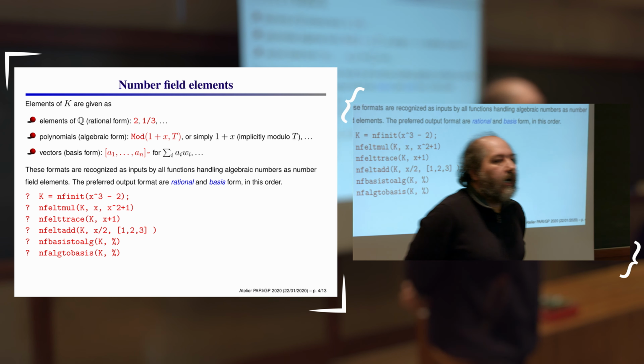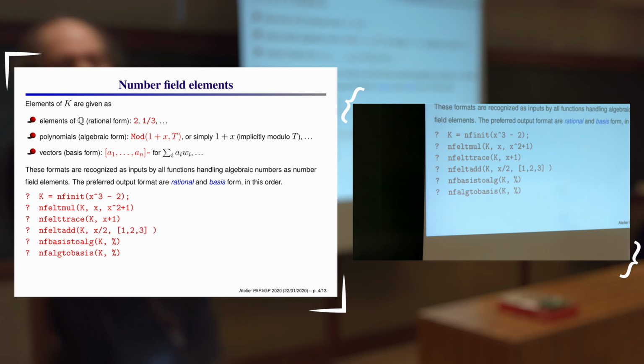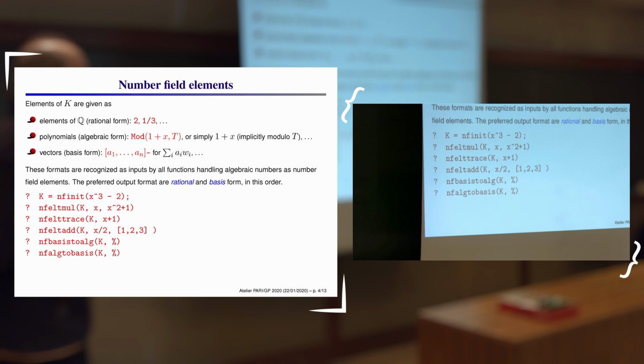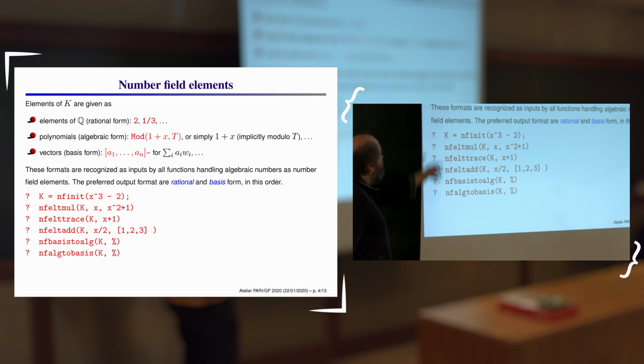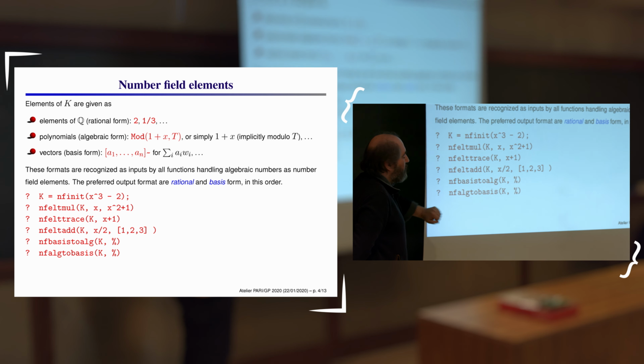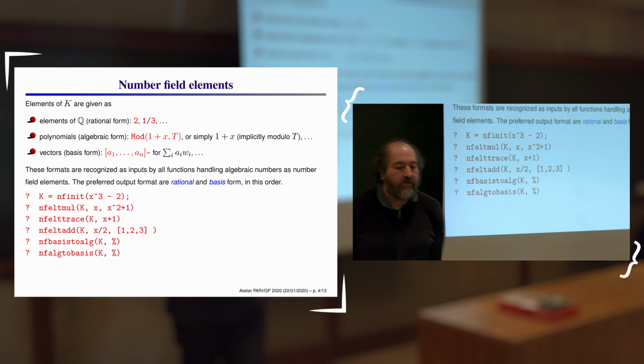So now, how do we represent elements in these number fields? You notice very quickly that most of the functions in PARI have a prefix. Here are a number of examples. I'm not yet explaining what these do.